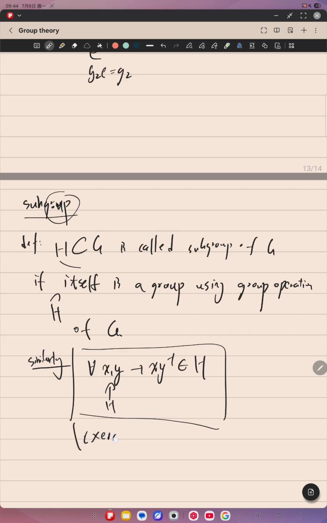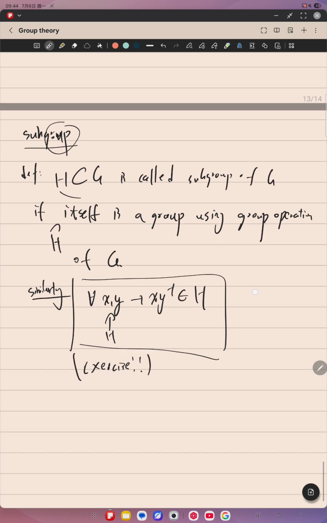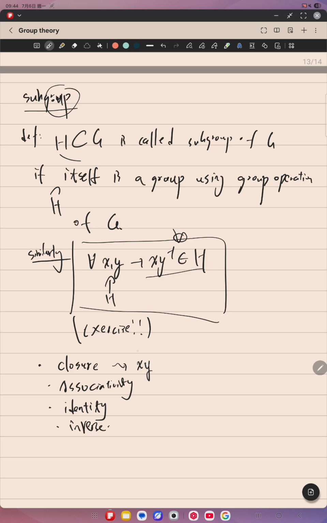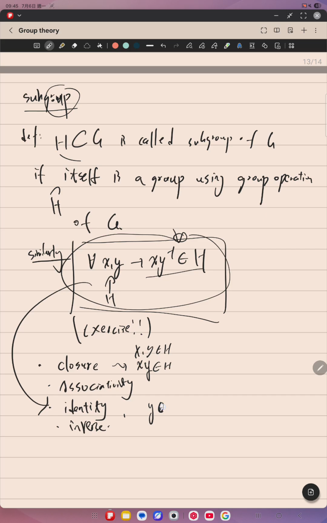The proof of this is a very simple exercise, because we need closure, associativity, identity, and inverse. Suppose this condition is true.